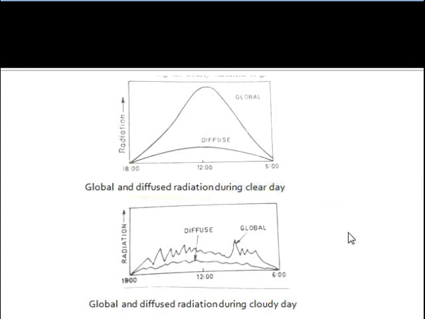But if the measurement is done on a cloudy day, if there is cloud cover, then the total radiation intensity comes down, because the beam radiation that comes from the sun gets reflected by the clouds. The clouds reflect the beam radiation.